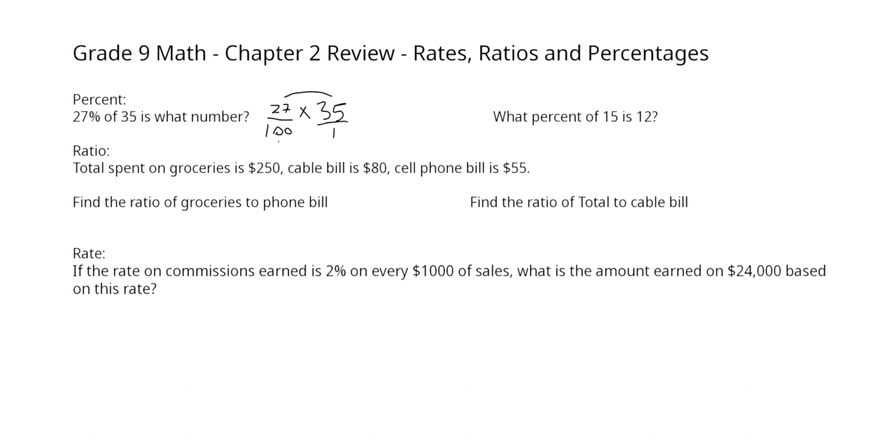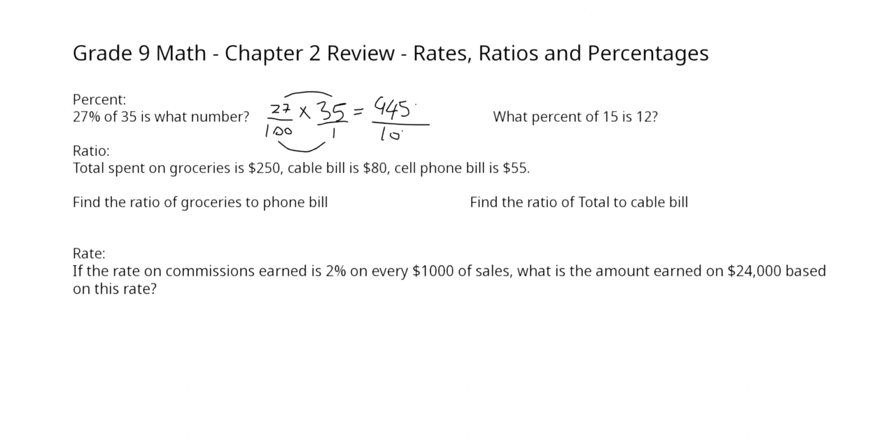And if you do your long multiplication, then you will find that it would be 945. Okay? And so, because we're dividing that by 100, if you remember what we talked about in one of the units, when you're multiplying or dividing by numbers that have zeros, you can just move the decimal place.